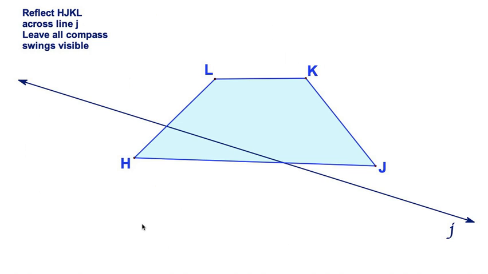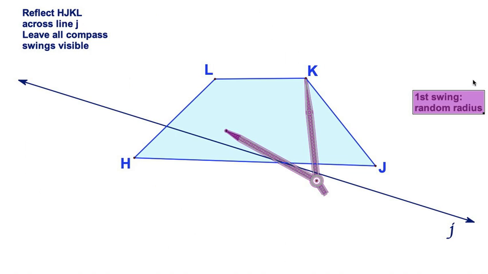Interesting. Very interesting. So we're going to take HJKL and we're going to reflect it across line J. Now, I'll show you what we're going to do. We're going to demonstrate a 3-swing construction. And you probably have figured that out. We start out the same.